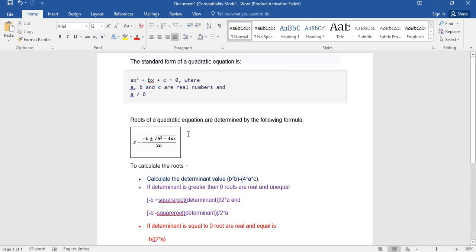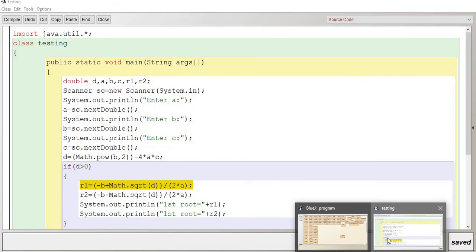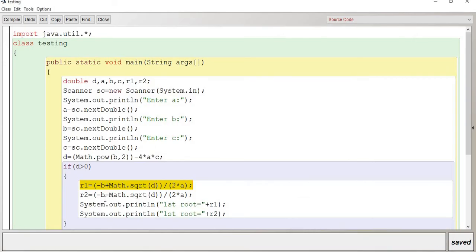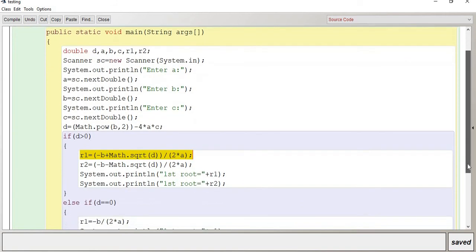This function is going to calculate the square root of determinant, that is b square minus 4ac. r2 is equal to minus b minus, only the sign is going to be changed. If it is positive, then it will be negative for the second root. So this was for when the roots are real and unequal.